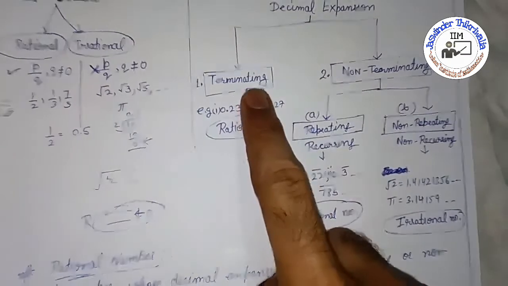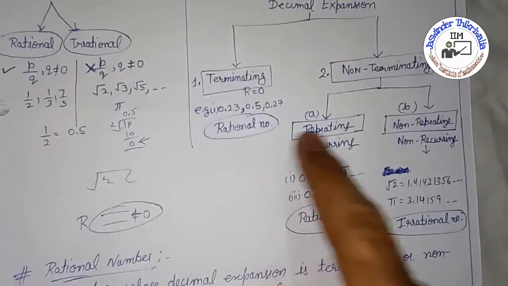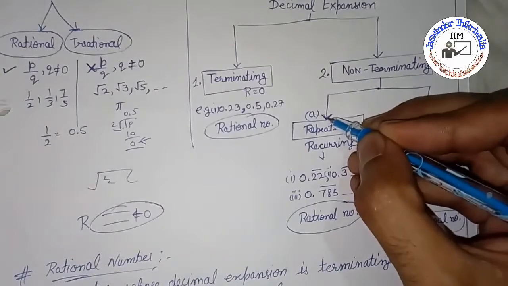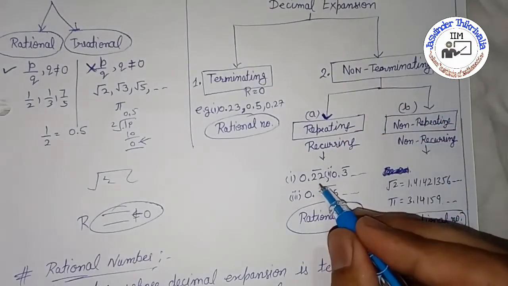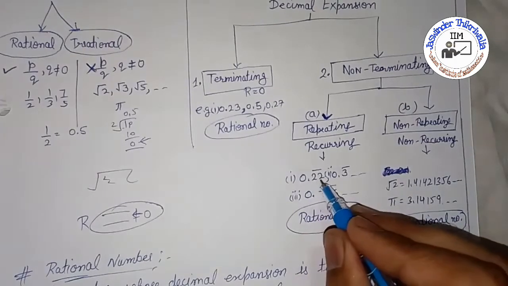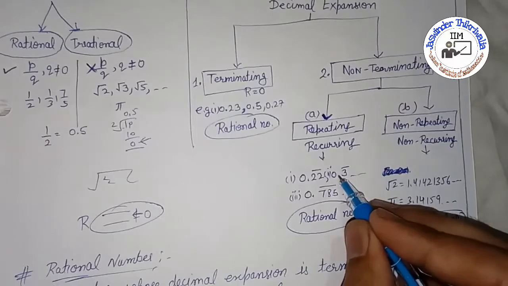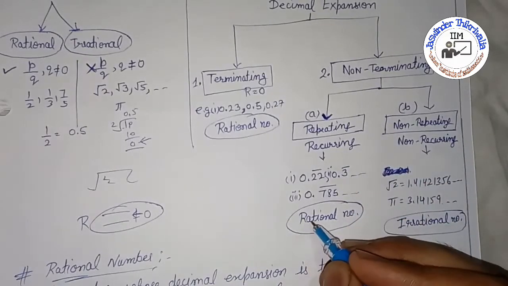First, if the decimal expansion is terminating, that is a rational number. Second, if the decimal expansion is non-terminating and repeating, meaning the remainder is not 0 and the digits repeat again and again, like 3, 3, 3, 3, 3 in the quotient, that is also known as a rational number.